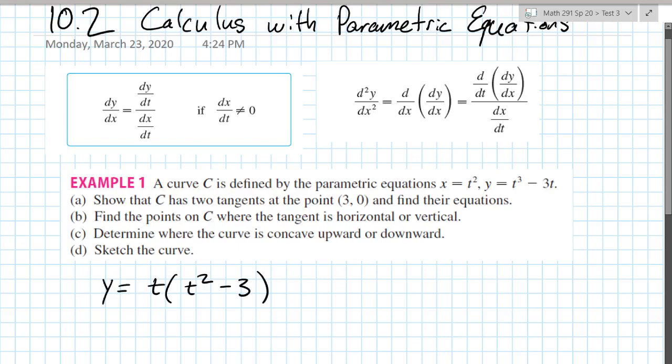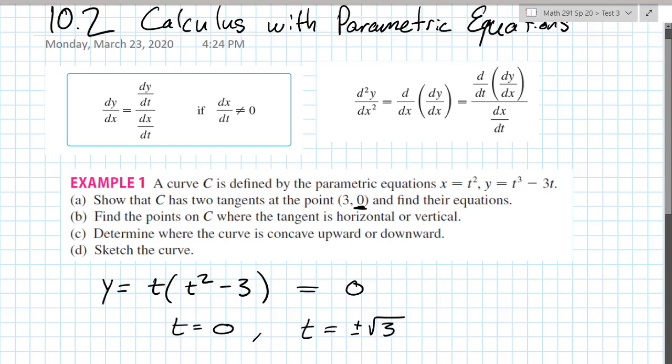So what we're saying here is that y is equal to 0 if t equals 0, or t equals plus or minus the square root of 3.